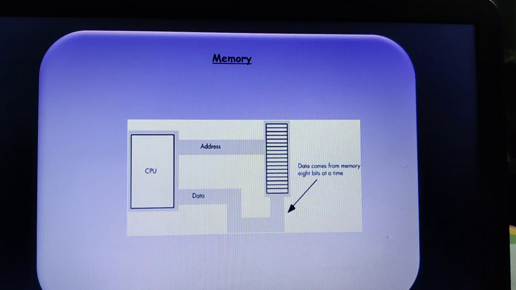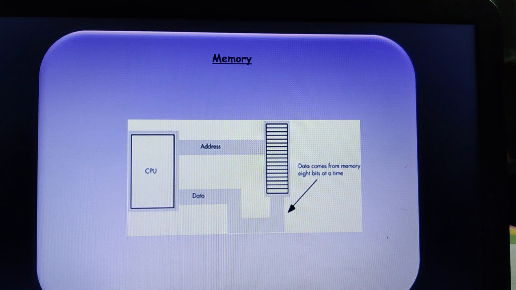Then we have also seen one important definition, that is the width of the bus. The capacity of the bus depends upon the number of parallel wires present in it. Usually 16, 32, 64 or 128 wires will be present in the bus.